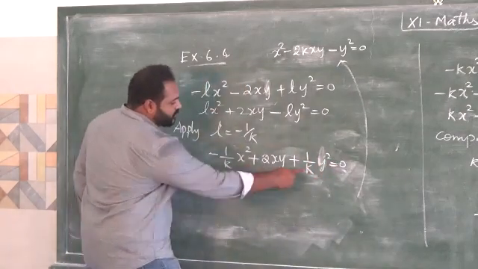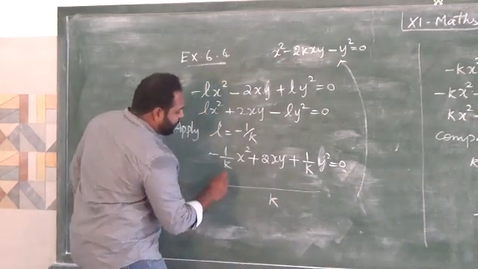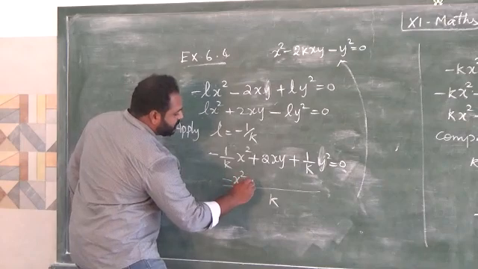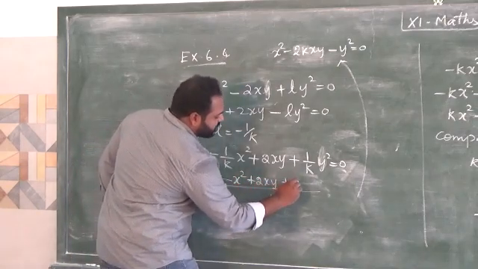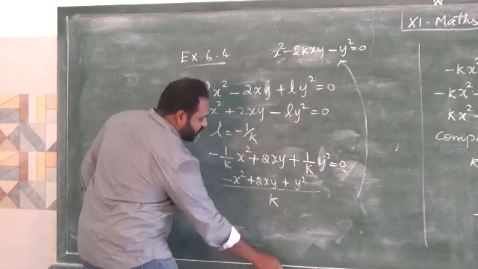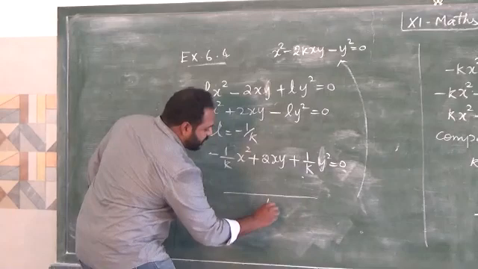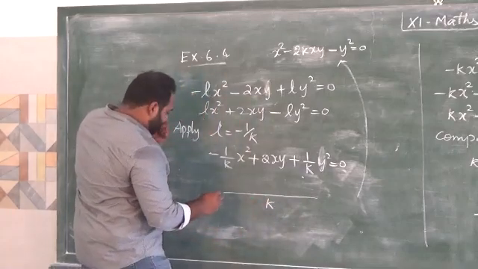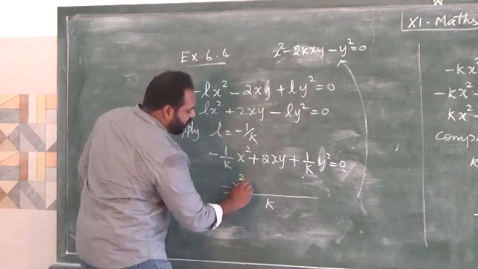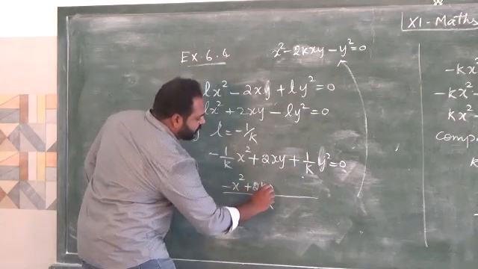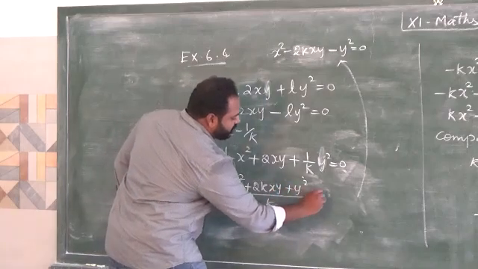So here two terms are fractions, so I am taking the common denominator as k. Here minus x square plus 2xy, this is plus y square. If you take k as the denominator, here minus x square, here there is no k value, so we have to multiply with the k here, 2kxy plus y square equal to 0.